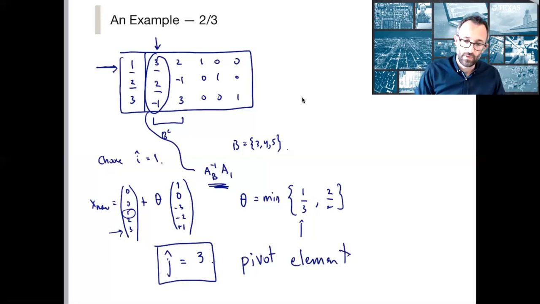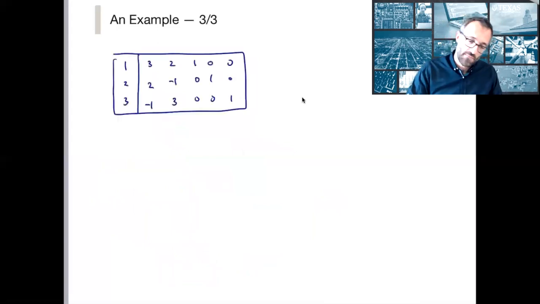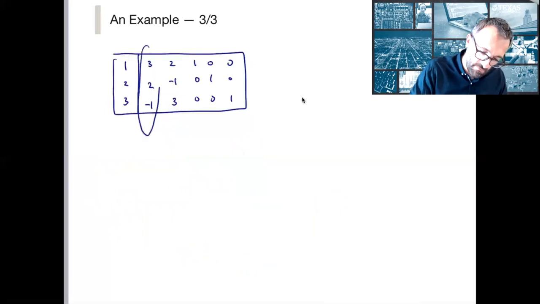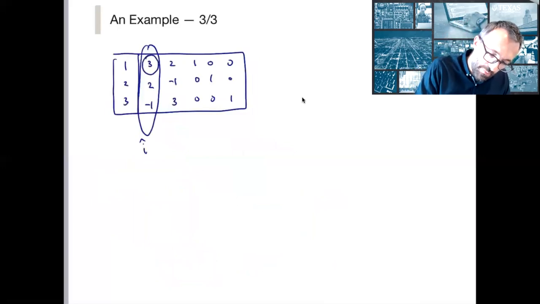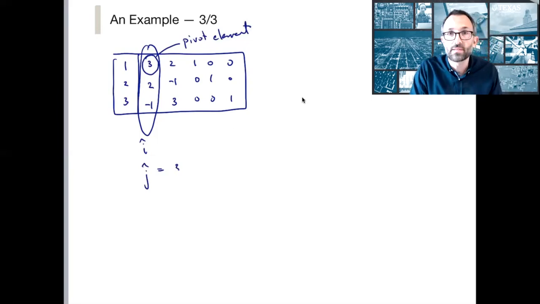Let's write this down again, just kind of cleaning it up a little bit. So here's my Tableau. We're going to introduce this column. This is i hat. 3 is the pivot element. It's called the pivot element. And j hat, which is index 3, it's not 3 because the circled thing is 3.